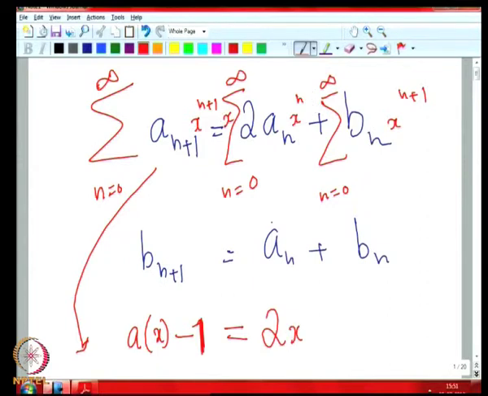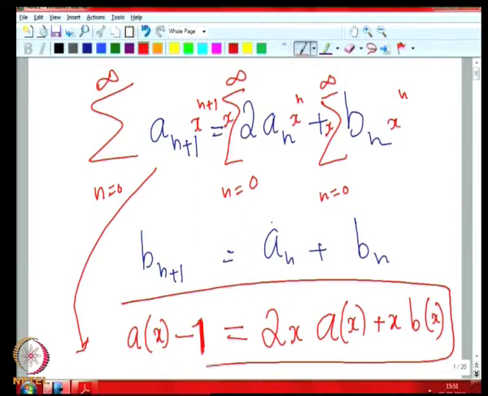So, 2x comes out, and then it is the sum from n equal to 0 to infinity of An into x raised to n, this is A of x, right, plus here we can take x out again. So, x into B of x, this is one thing we get.